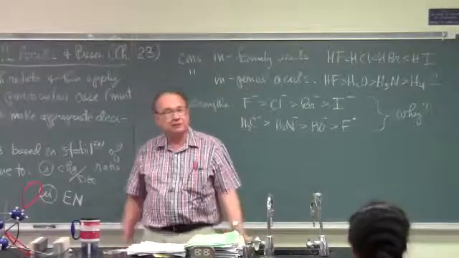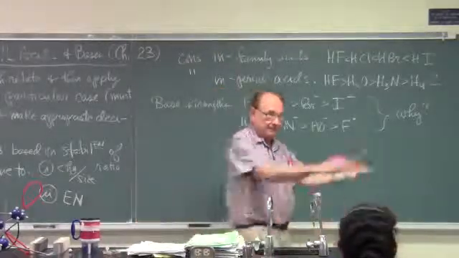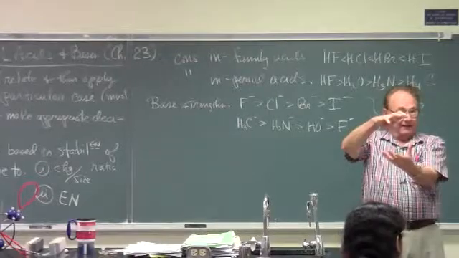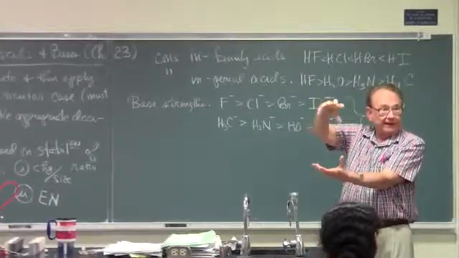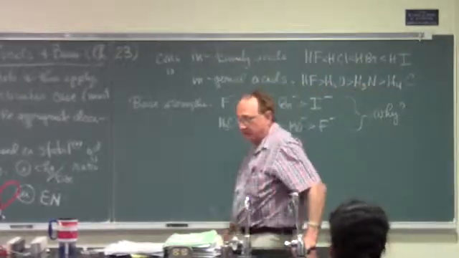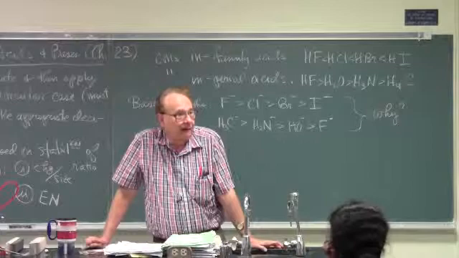Now let's try this from a charge to size ratio standpoint. Fluoride ion, chloride ion, bromide ion, iodide ion. Big increase in size as we go from fluoride to iodide. And they're all -1.